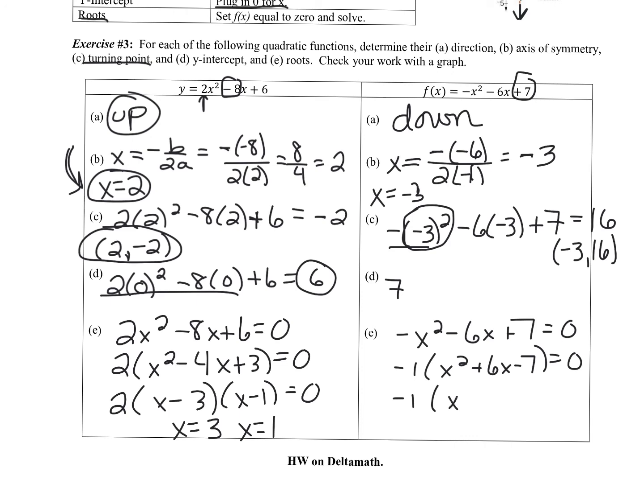Remember, I want to have that lead coefficient 1, which is why I took out the negative 1. So I get roots at negative 7 and positive 1. Remember, canceling out this just as I did over here because it's just negative 1 equals 0. So quick check, my axis of symmetry is directly between those two roots. Negative 3 is directly between negative 7 and 1, which makes sense for everything to fit together.